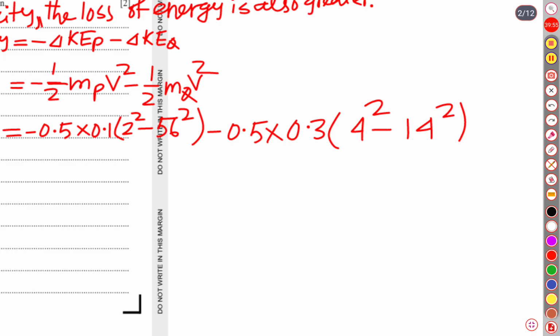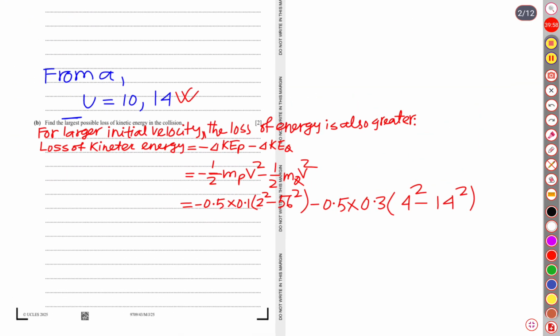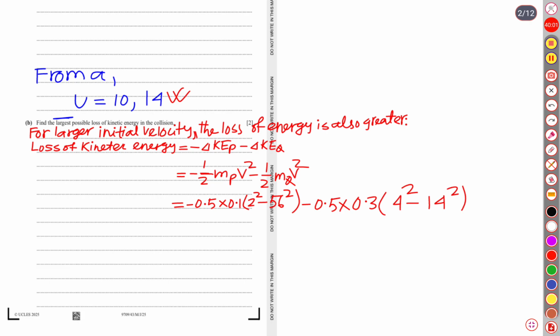Now if we simplify this, we will get 56 square minus 4 square. Let us multiply all of this. In the first case, look at this minus symbol and this symbol, they are getting together positive. So let us calculate using the calculator. Using the calculator, we got that our result is positive 156.6.